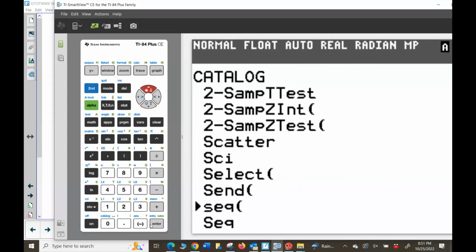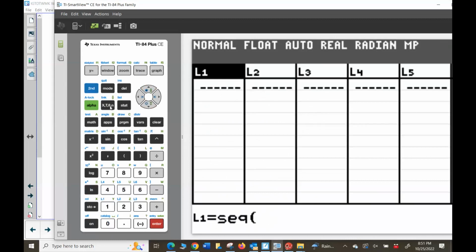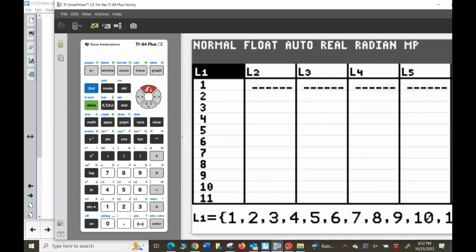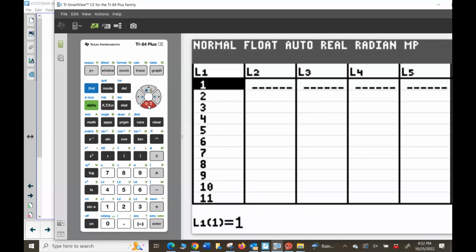I want to create a sequence of numbers x, comma, x, comma, 1, comma, up to 50, parentheses. So this is going to give me the first 50 whole numbers.